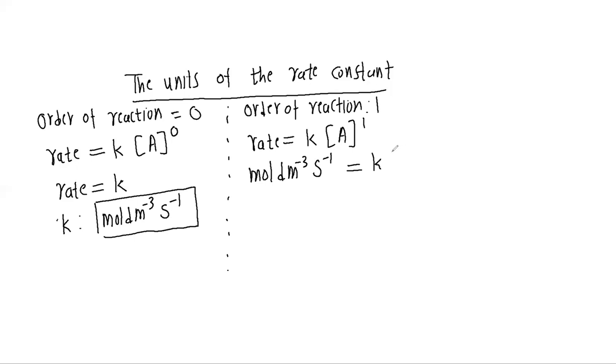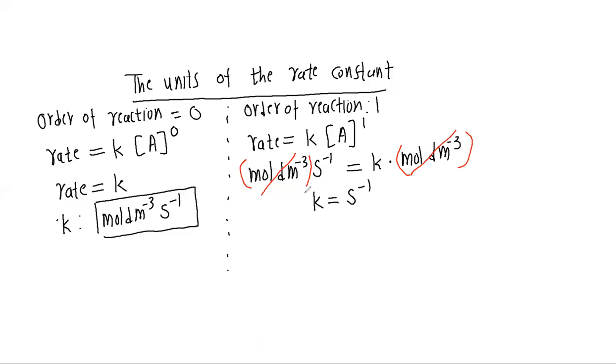What about the concentration? Concentration, as we know, is moles dm cube. So this part is common on both sides. So let's strike it out. And what you will be left with is simple. Therefore, for first order reaction, K units would be s raised to minus 1.